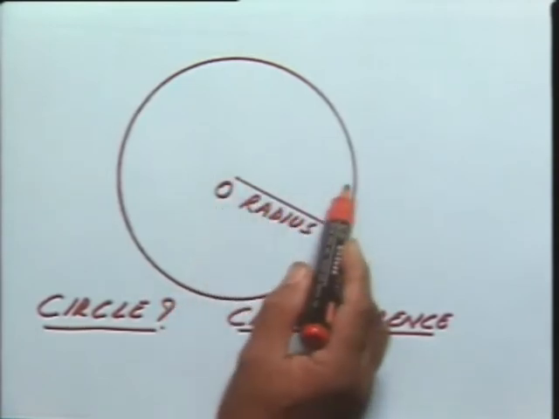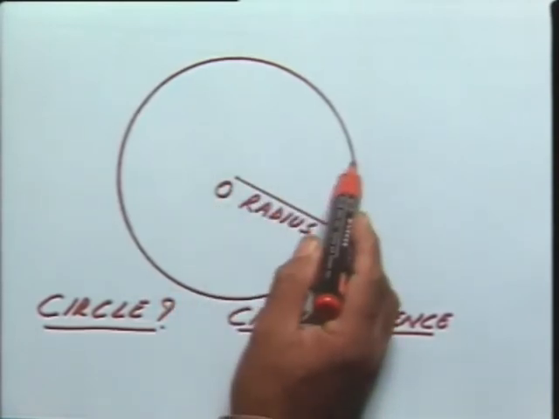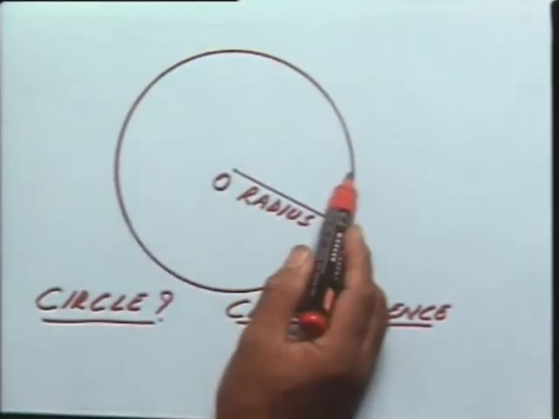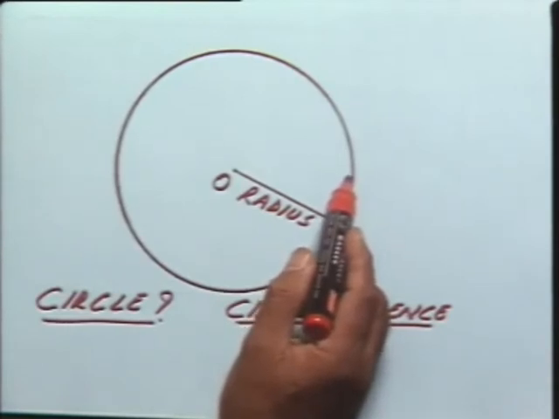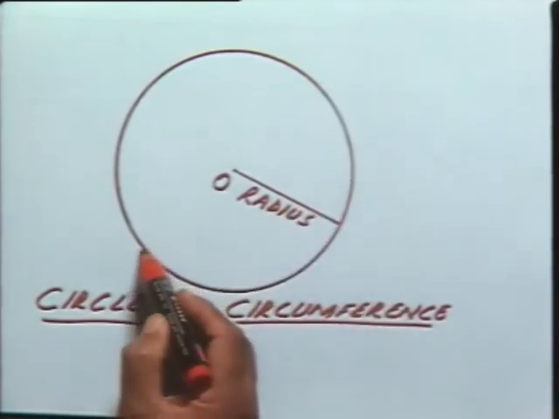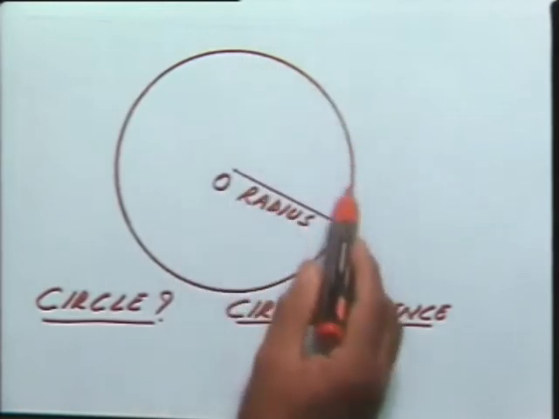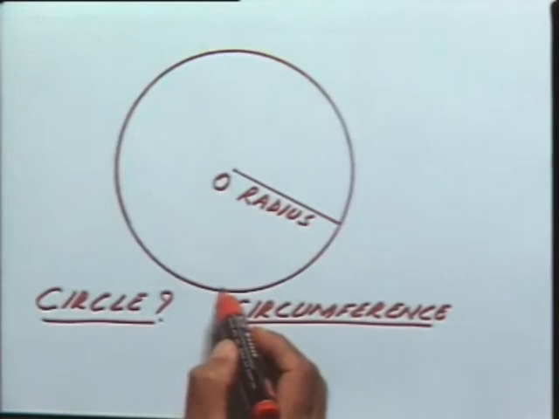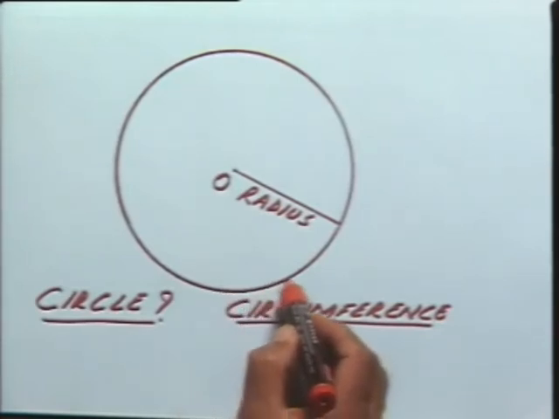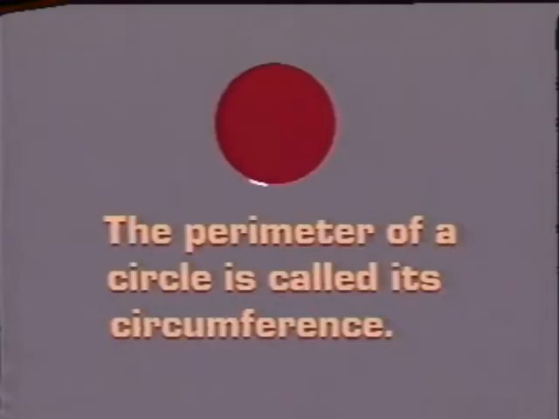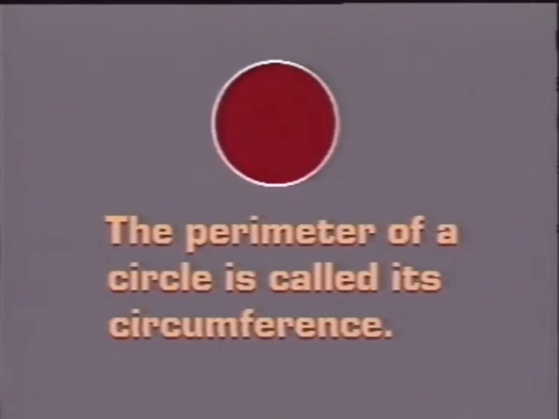Another way of saying this is, because we were having the compass here, taking a point, then moving around and marking all these points, this can also be called the locus of a point that moves keeping the distance from a fixed point always the same. Then the circle is this figure, all these points, or this locus, and the measure of how long this line is, in case we take a thread, or another way of measuring, this measurement is called the circumference. So, the circumference is the measure of the circle and the circle is the figure.